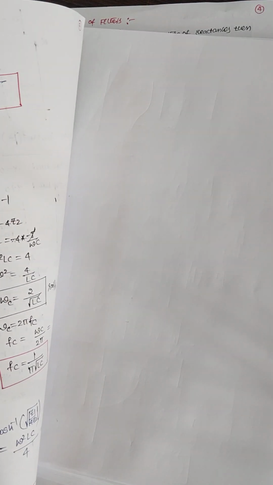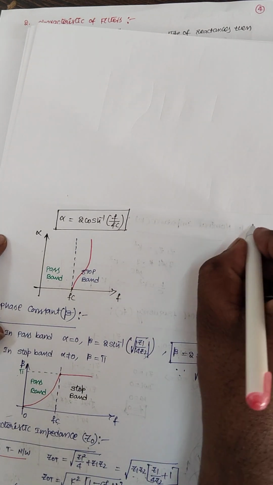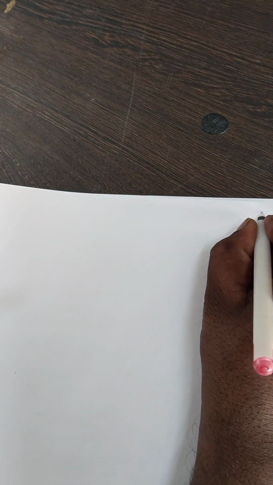Next thing here is, it is 7th to 8th, so it is 8th page. Next, 9th page. Next thing here is design of a filter, design of a low pass filter.